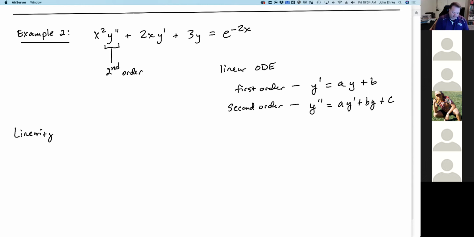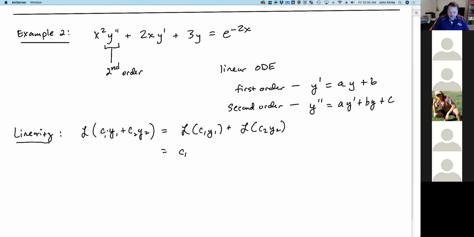The definition of linearity for mathematics is that a function is linear, or an operator is linear, if it has the following property. You can distribute to each piece, and you can factor out any constants.